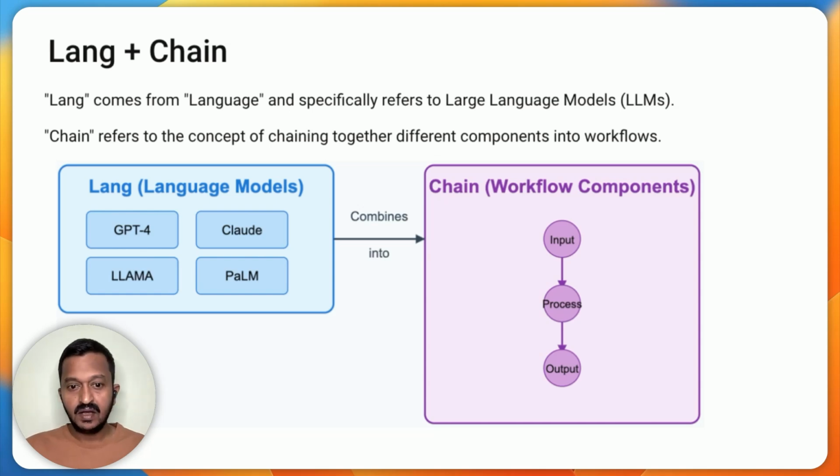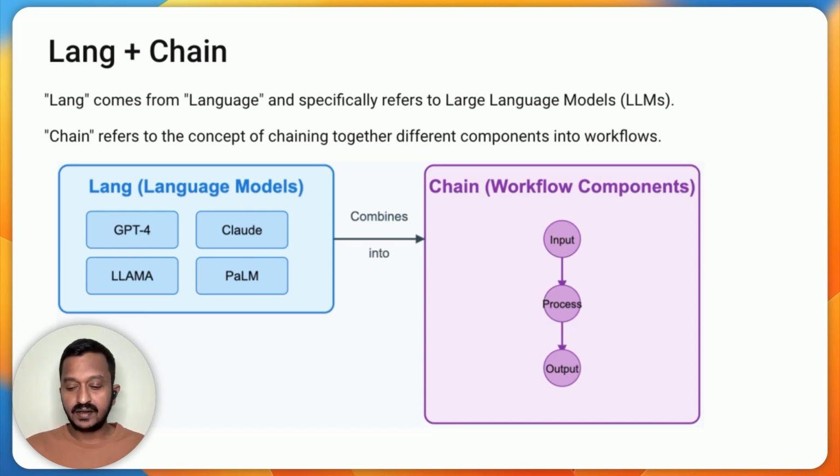It's basically the concept of chaining together different components into workflows. So as you can see on the right side, the image shows workflow components: input, process, output. So that's how basically LangChain works. It combines the LLMs and prompts and creates a proper workflow to help you solve a complex problem.